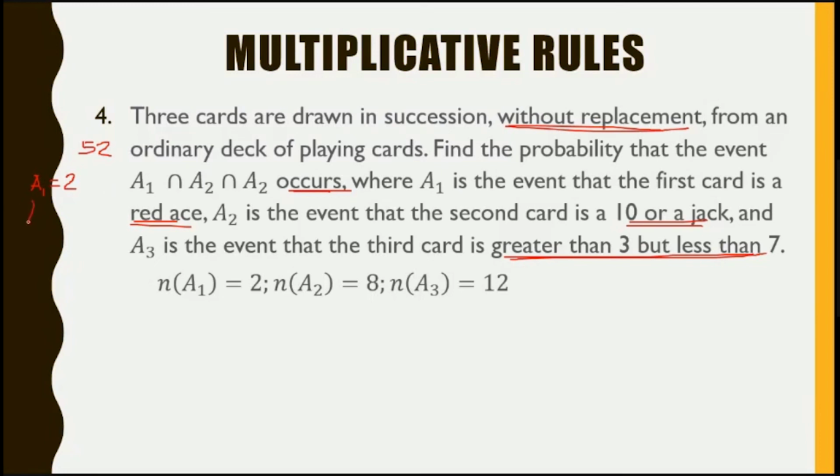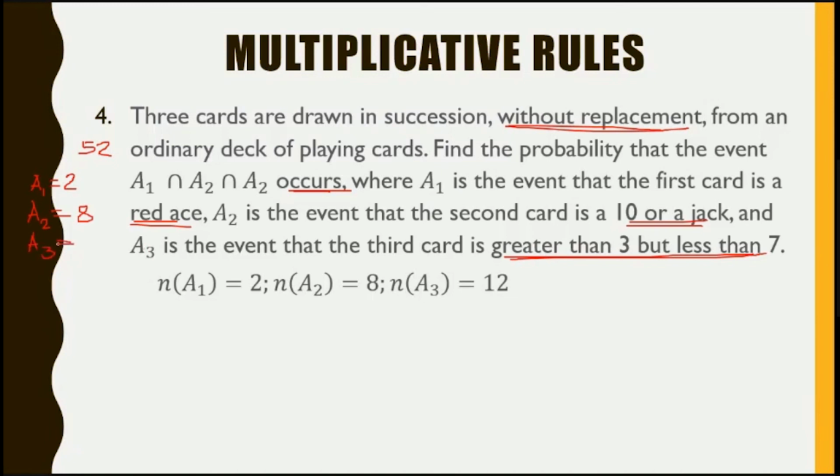Next, we have the second event, which is the card is 10 or jack. Just like the aces, we have four tens and four jacks. So adding them, we have 8 jacks and 10s in the ordinary deck of playing cards.